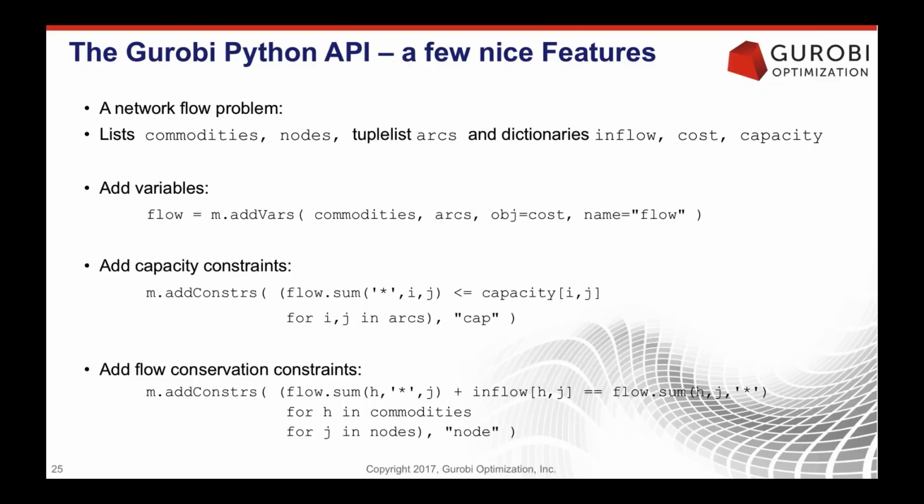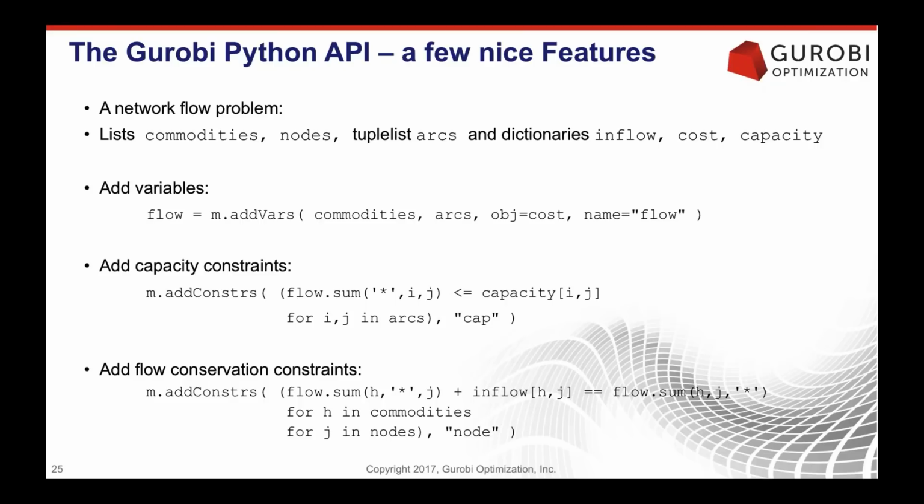The last type of constraints that this problem has is the flow conservation constraint. And everyone that has modeled the flow conservation constraints and has dealt with all of the different index sets knows how complicated it sometimes is to write that constraint down. And you can see here, it can very easily be done by calling the addConstrs method.